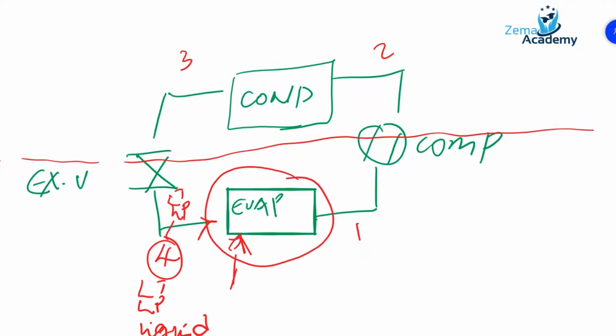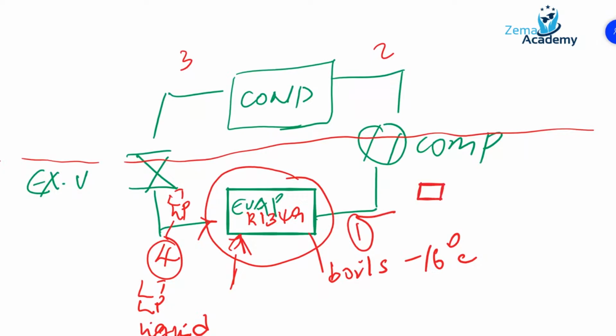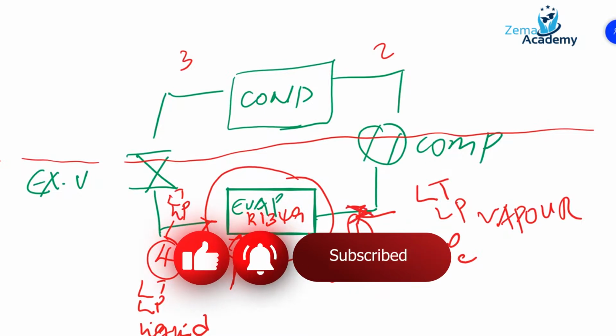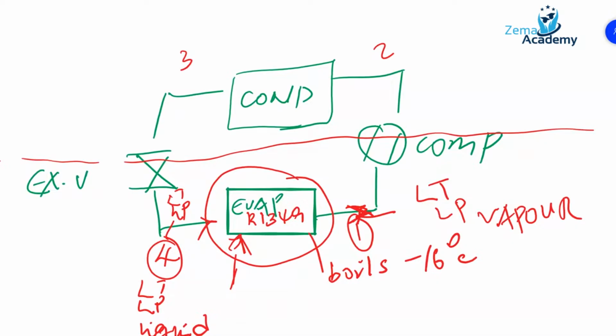For instance, R134A boils at minus 16 degrees C. So that low temperature and low pressure liquid gets boiled, and when it comes out at point 1, we have low temperature and low pressure vapor. Then we feed it into the compressor.